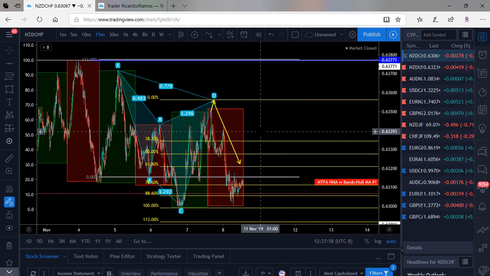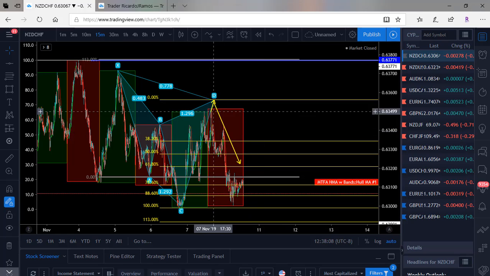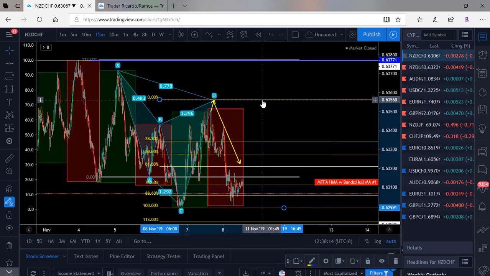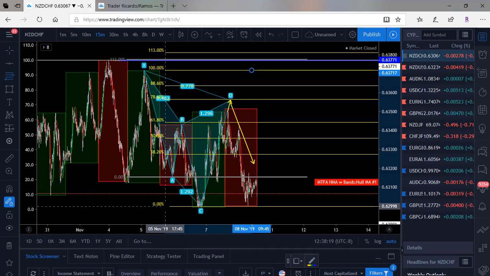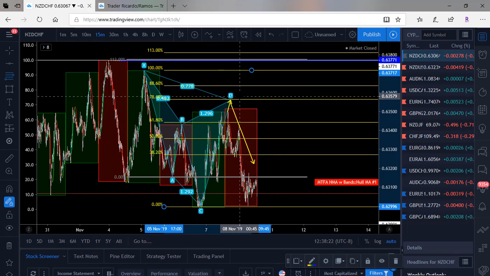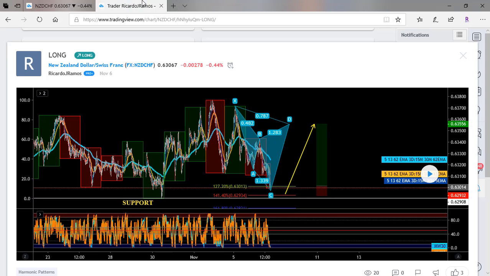Again, this would have been an unsuccessful trade from the complete perspective due to the fact that price didn't reach the 78.6. But nevertheless, it was a good trade from the incomplete perspective from C to D.